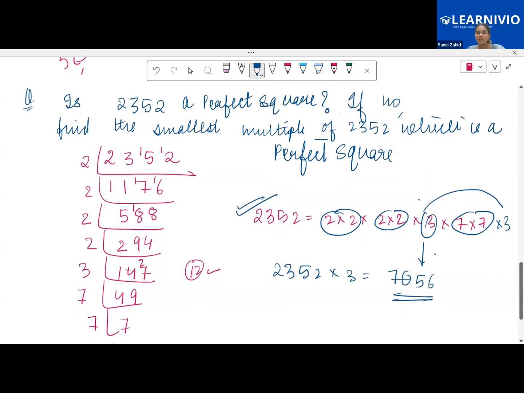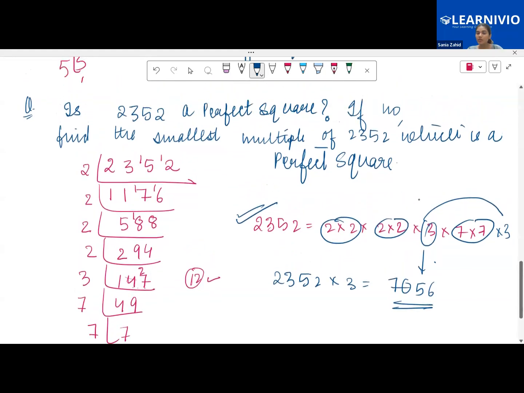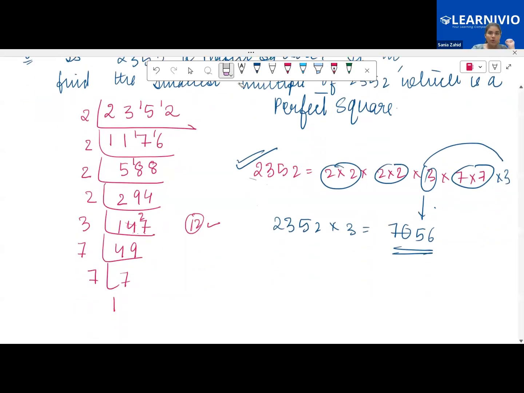Now, see, there's one more very important thing. Now here you can also do this question in one more way. The question can also be asked to you: with what smallest number must you divide 2352 to make it a perfect square? Now, see, if you add one more 3, then also you will get a perfect square. But what if I remove this 3 as well?